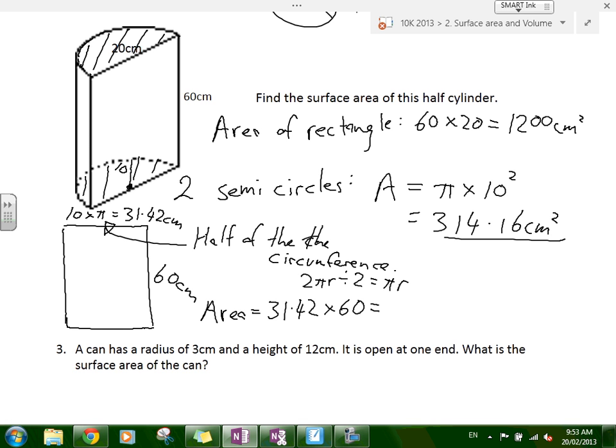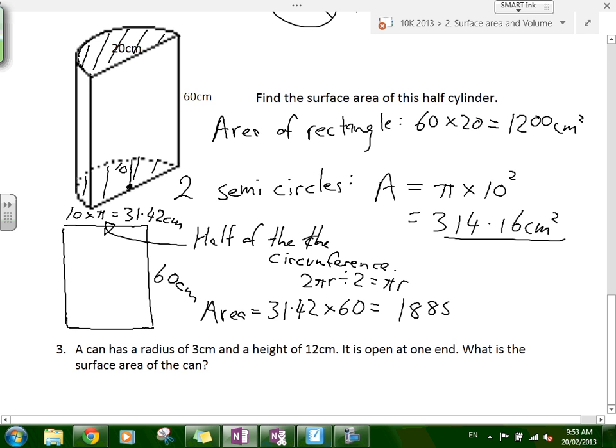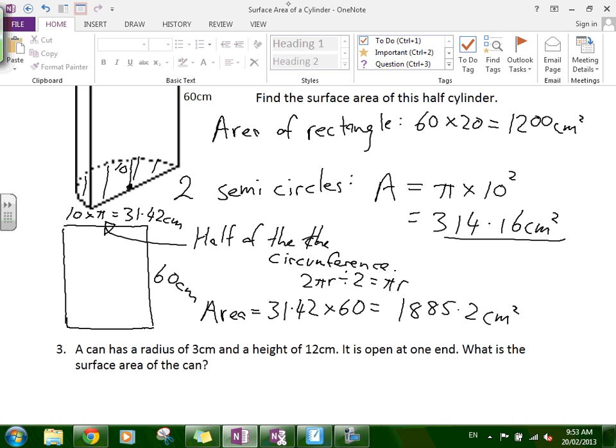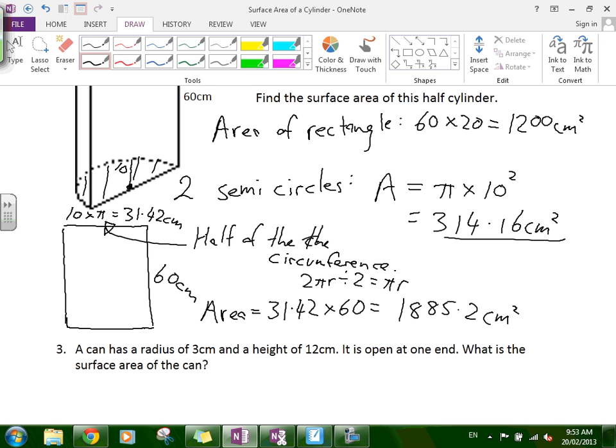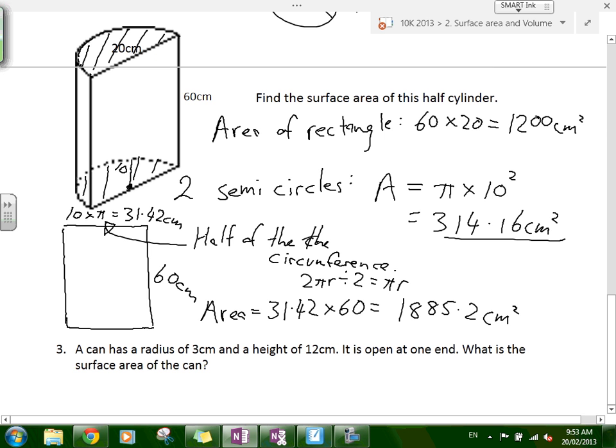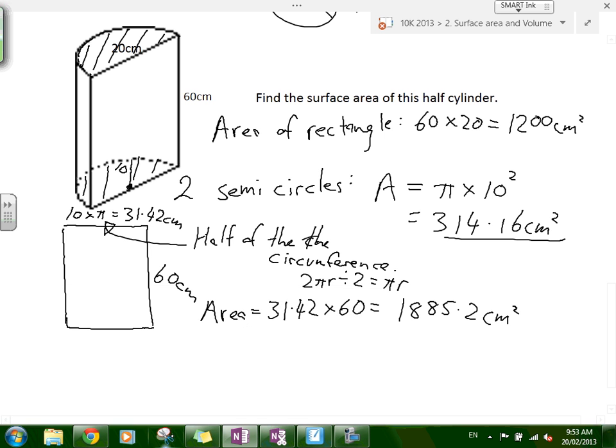Yeah, 1,885.2 square centimeters. Okay, so now what we have is, we've got the flat surface, we've worked out the areas of the two semicircles, we worked out the area of the curved surface, so we have to just add them all together. So that's what we're going to do now.